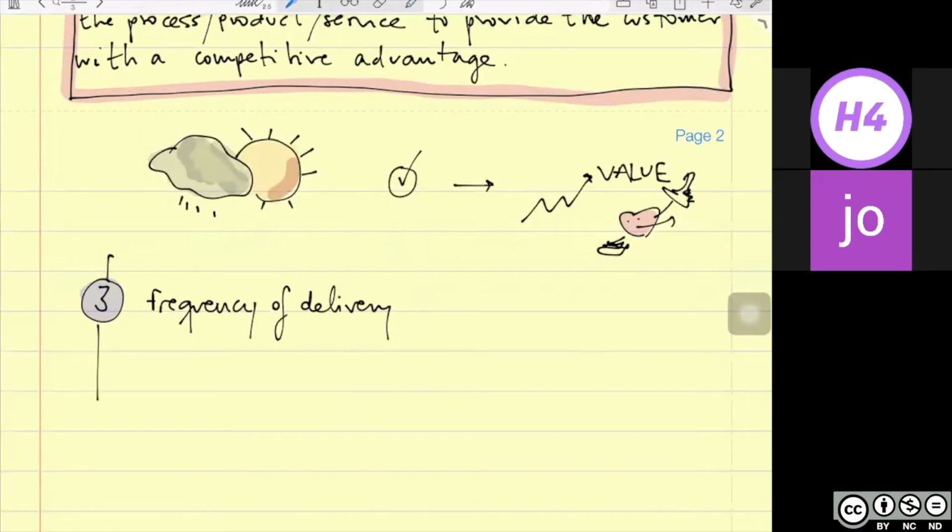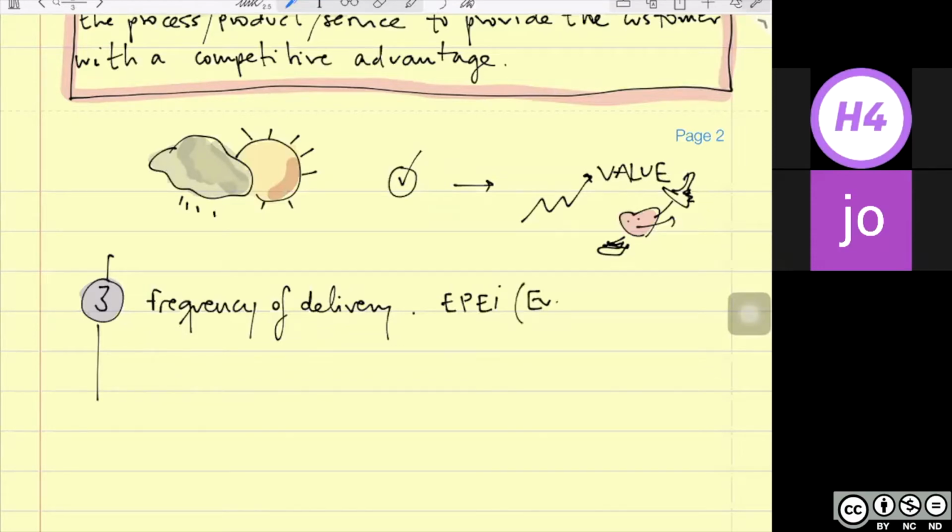Frequency of delivery, you remember we looked into one KPI called every part, every interval in our past lecture.